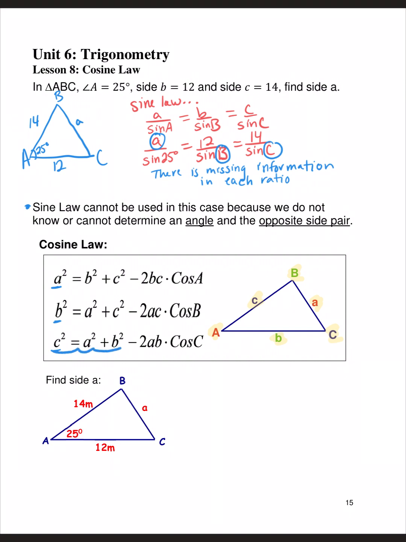If we look at this bottom one, hopefully we can see that this looks very familiar to Pythagorean theorem. In our cosine law, the first three terms will always look like this. It's just a matter of this is the side you're trying to find.